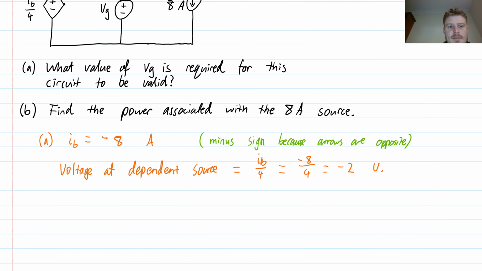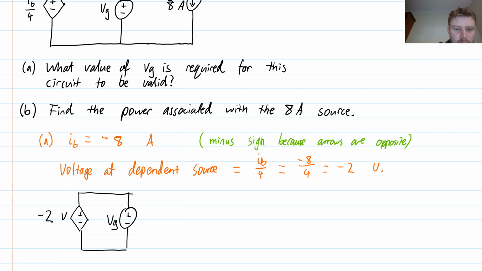So now I can draw what I know so far about my circuit. So I have a voltage source here, which is going to be minus 2 volts. I have a voltage source here, which is my variable VG that I'm trying to solve for.